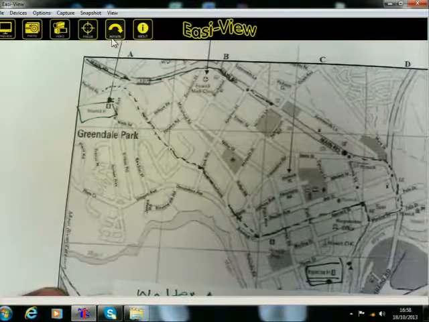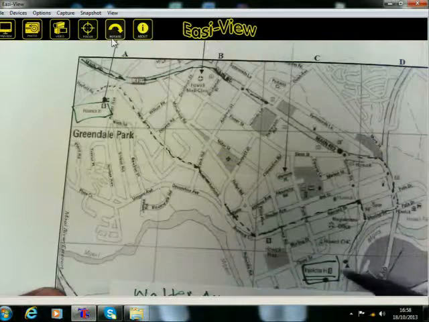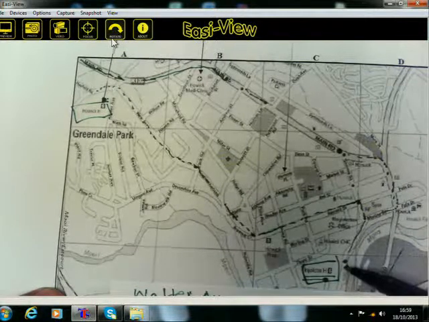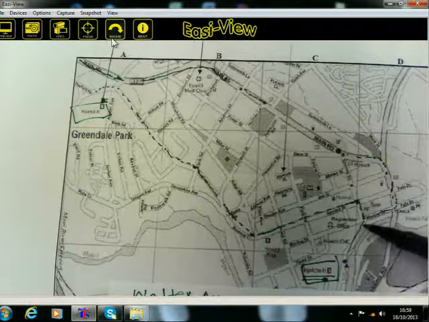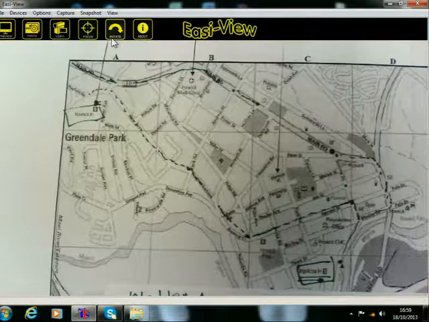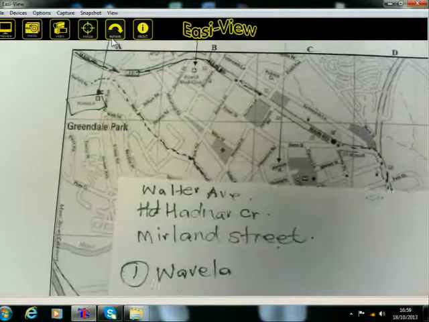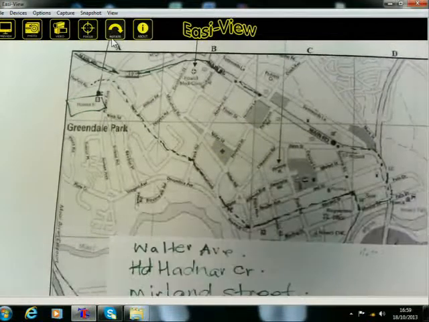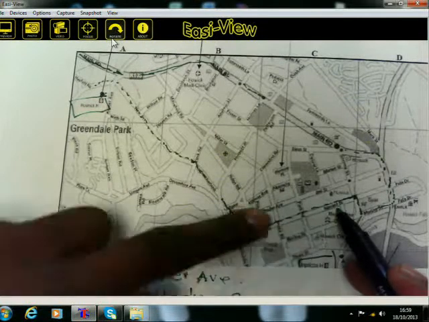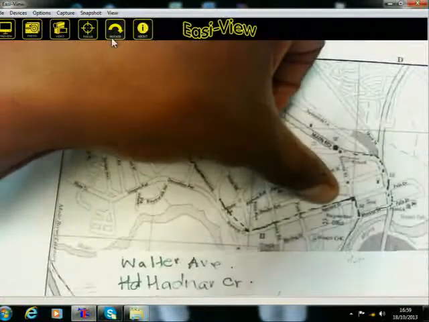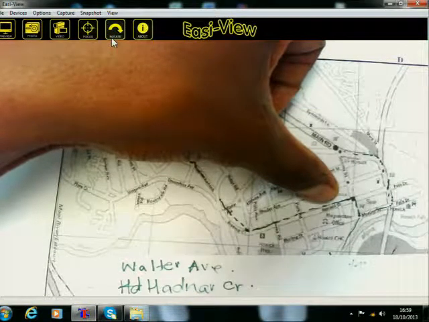Then let's give the directions. From Njoloba High School, you get out through the main entrance. You go up until you get to Waveland Street. Then you turn left here at Mainland Street.